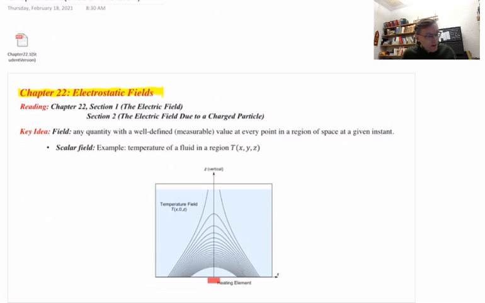We're going to be focusing on the first two sections of chapter 22 in this lecture, where we introduce the definition of the electrostatic field, often just called electric field for short, although technically electrostatic field is better. And then section 2, the electric field due to a charged particle.